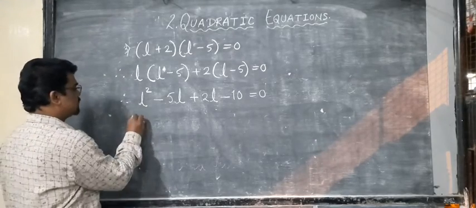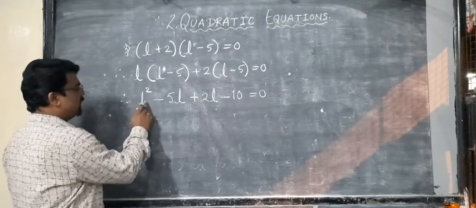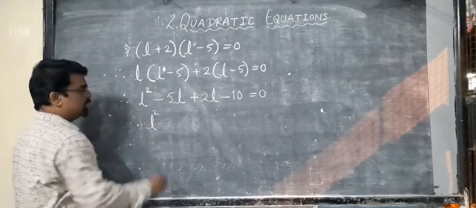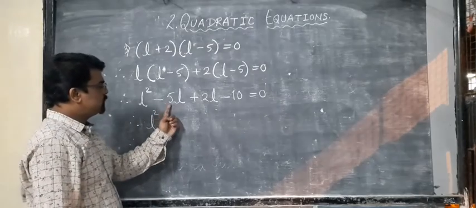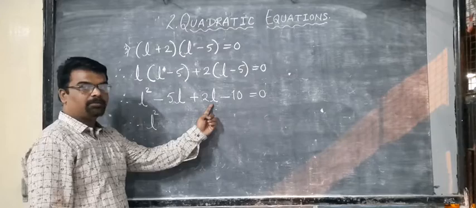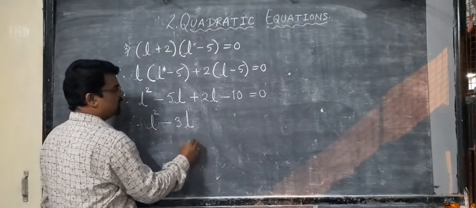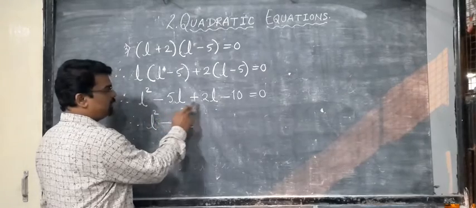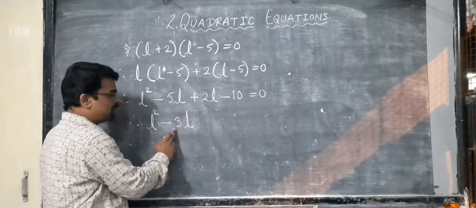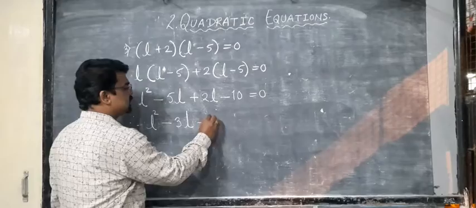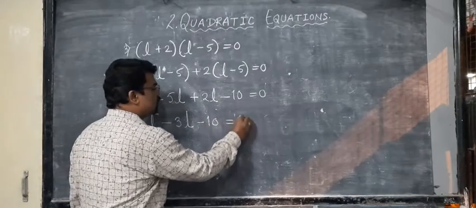Okay. Next step. Therefore, L square, now minus 5L plus 2L is equal to minus 3L, minus 10 is equal to 0.